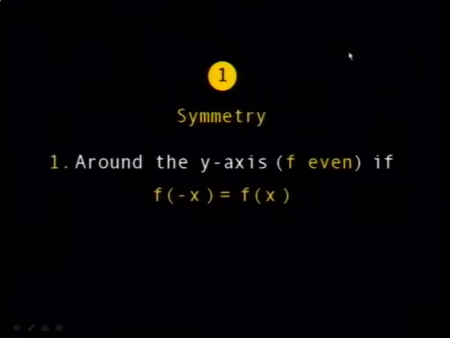First of all, the symmetry. For example, if you know that your function is even, then there is no need to draw the function in the whole xy plane. You may restrict yourself to the values at which x is positive, and the other part is a complete duplication of it, because your graph repeats itself on the left-hand side as if you put a mirror.